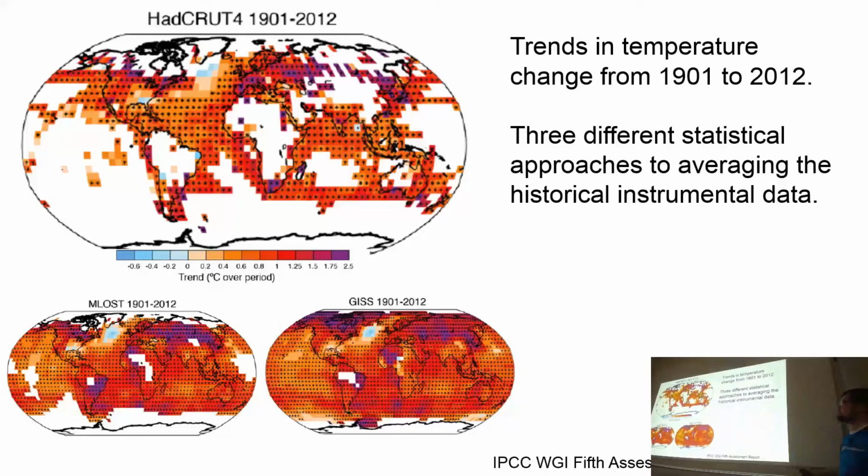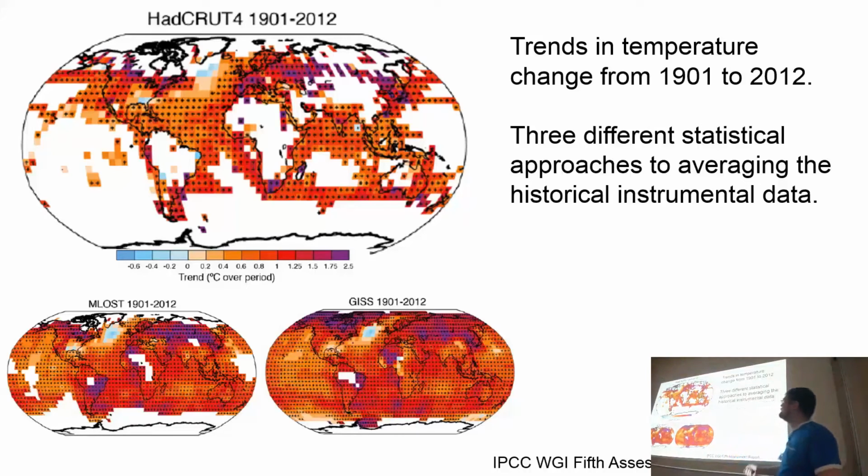This one is by a group in the Hadley Centre, which is based at the University of East Anglia, and they've just taken wherever there's a pixel, that's where there is some data.